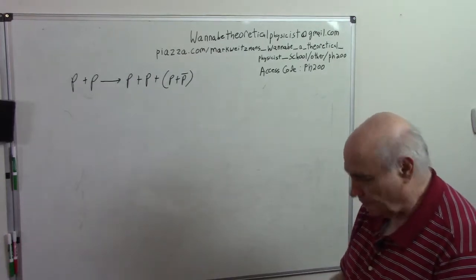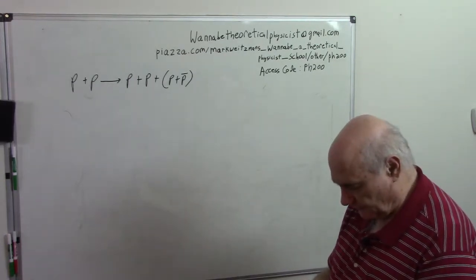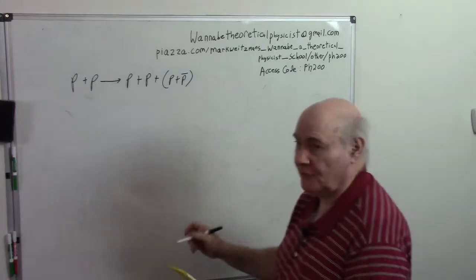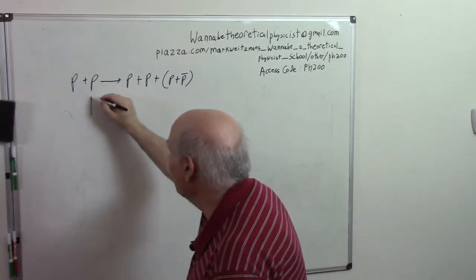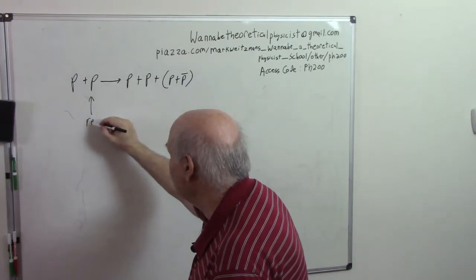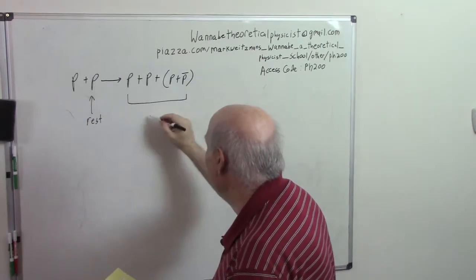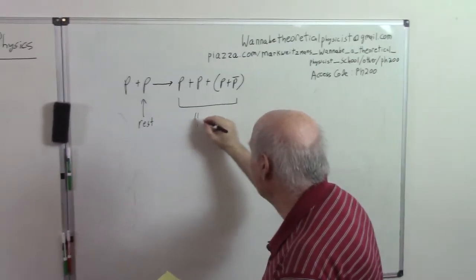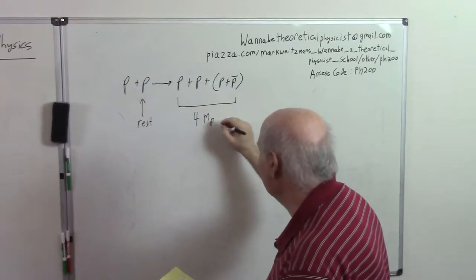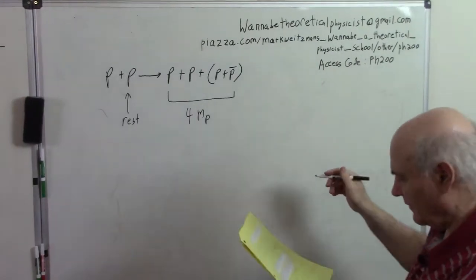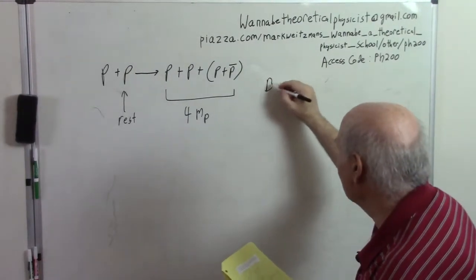If the target proton is at rest before the collision, what kinetic energy T must the bombarding proton have at threshold? So we want this to be at rest, and we want this to be like a single particle, mass 4mp. Okay, so in the lab frame, this is what we have.